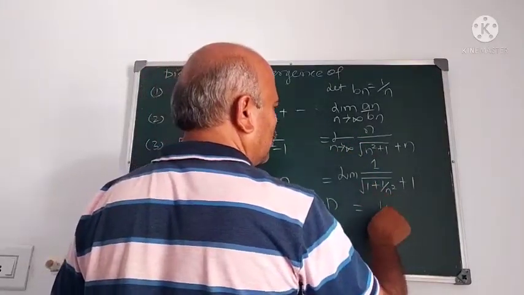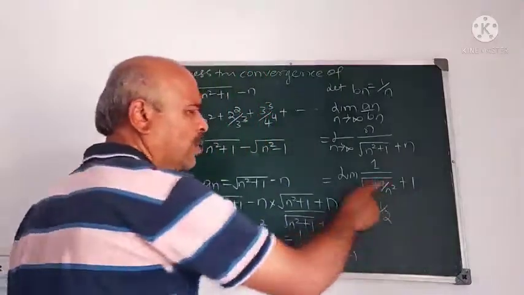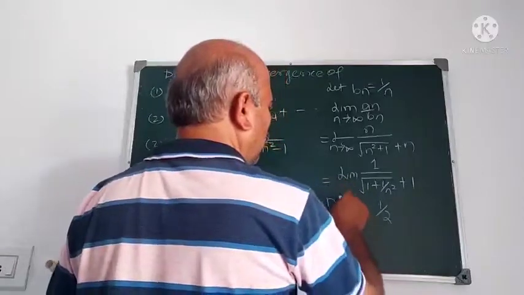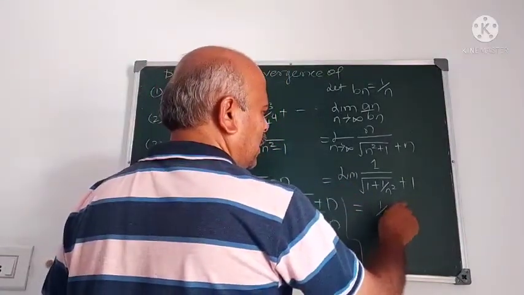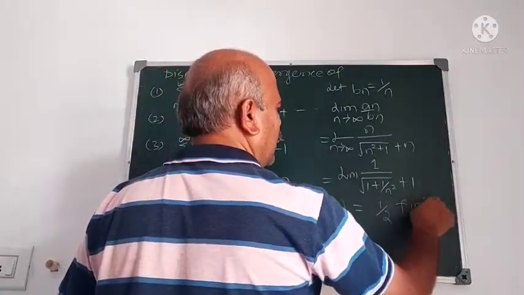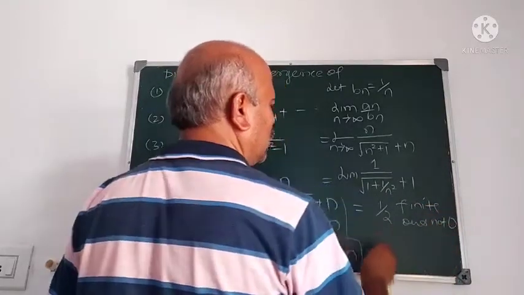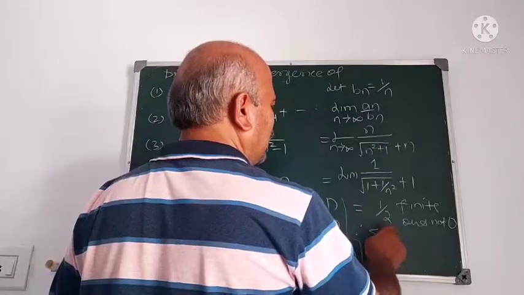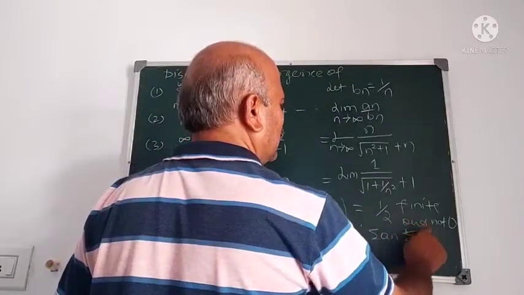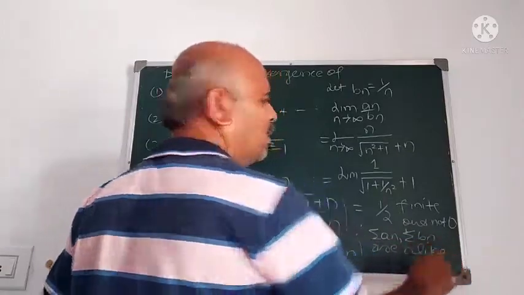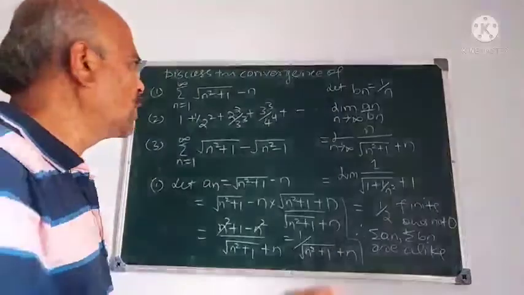It is 1 upon 2, because 1 upon n square becomes 0. Now what does comparison test say? It is finite and not 0. Therefore sigma An, sigma Bn are alike. Either both converge or both do not converge.